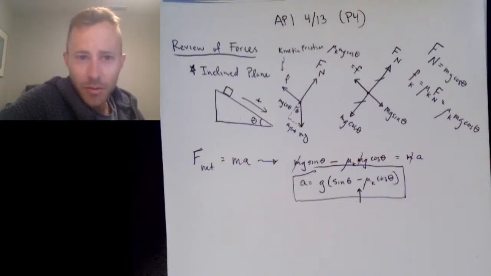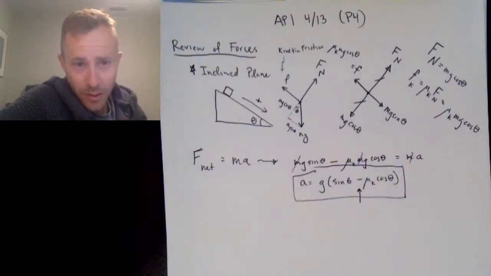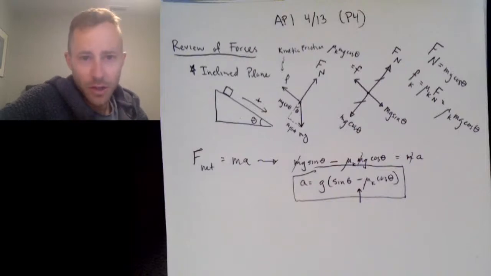Another thing that can happen is it could be frictionless, in which case we would set mu sub k equal to 0. But that is a review of the inclined plane, and if you're taking the AP Physics 1 exam, I would strongly, strongly, strongly suggest that you master the inclined plane.